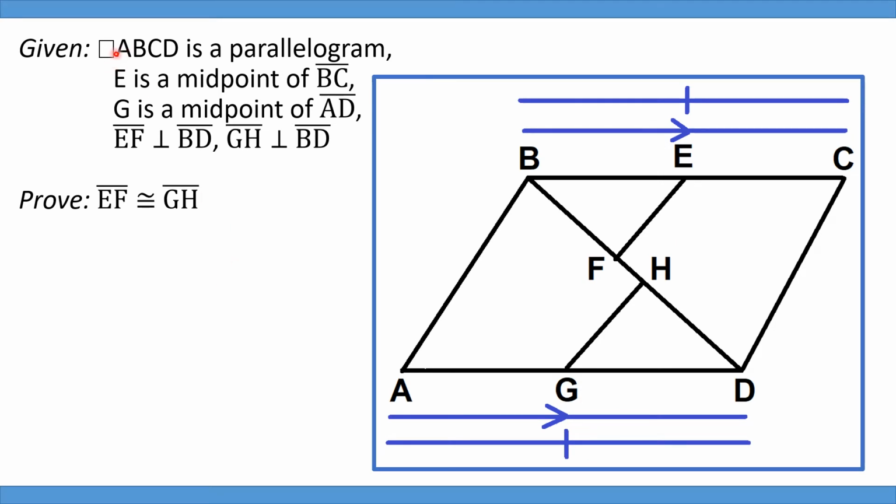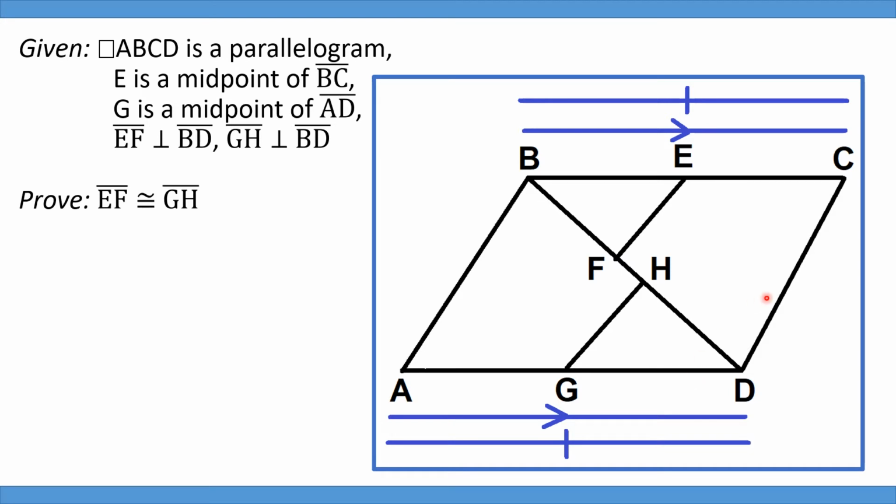When we say quadrilateral ABCD is a parallelogram, then it must imply that line segment BC and line segment AD are parallel, and also line segment BC is congruent to line segment AD.